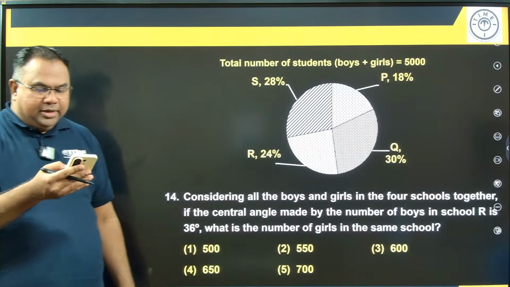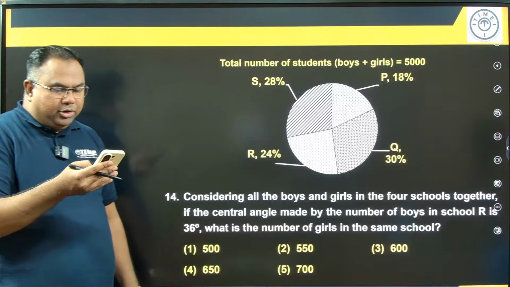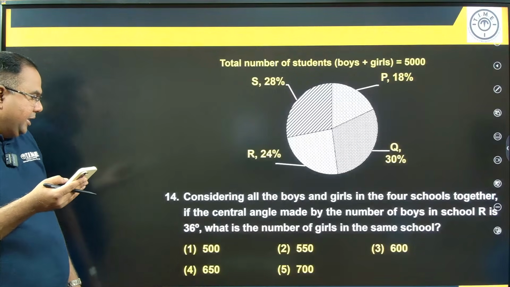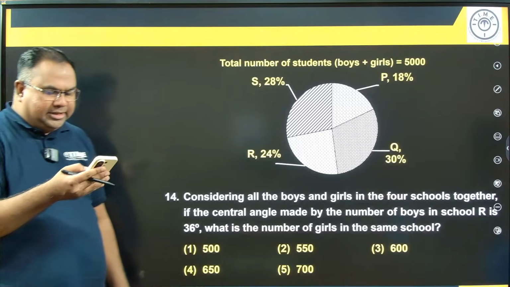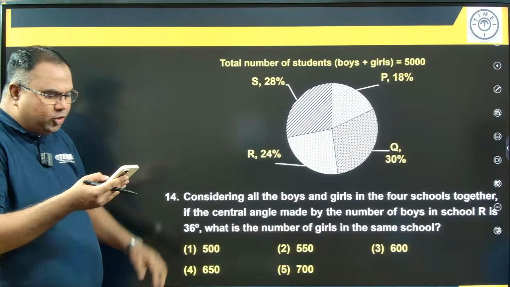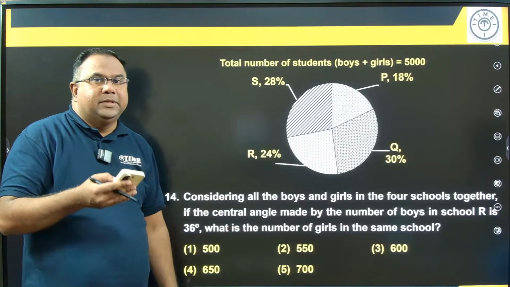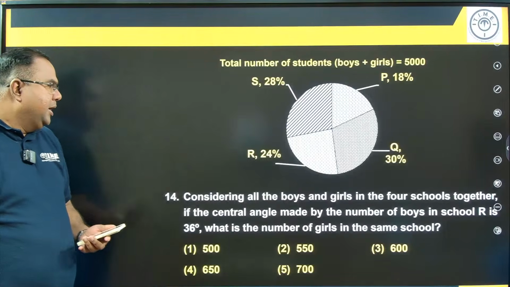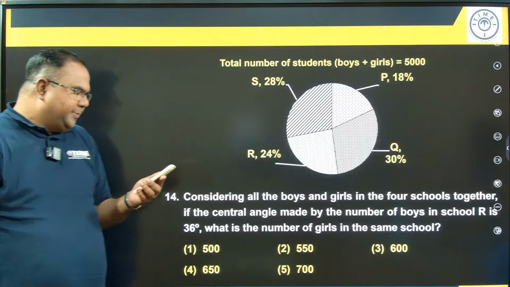I'm waiting for the answer. Bharadwaj, Gaurav Singh 700. Okay. Fifth option, correct answer. Bharadwaj, first option, I don't think so. It should be fifth option. 700 should be correct. Okay.